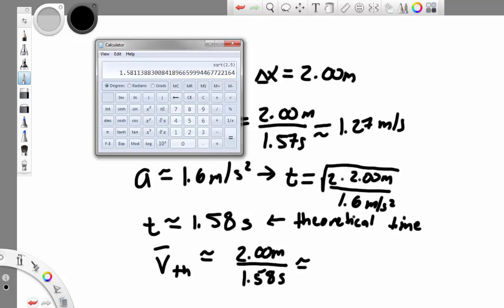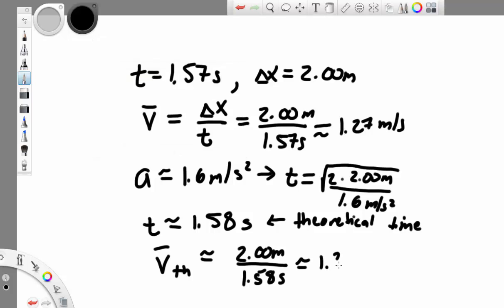So that's going to give us 2 divided by 1.58, 1.27. And within the level of certainty imposed by our significant figures, there's no real difference between the theoretical, and this up here of course was the experimental value. So we could even put an EXP for experimental. The two are the same, so that's a 0% error in this case.